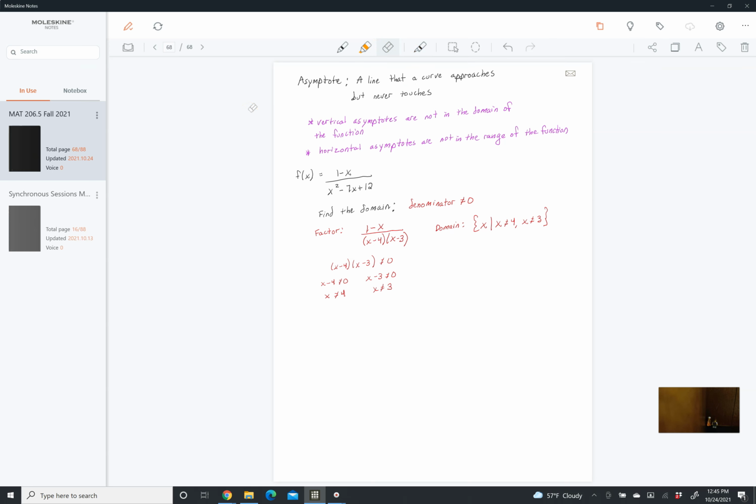So a vertical asymptote exists where our denominator equals 0, except in a certain case. And that's if the factor cancels.